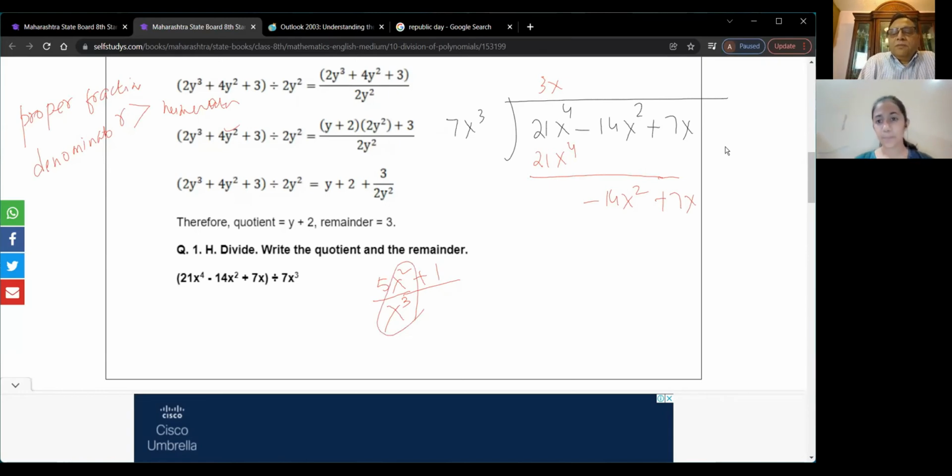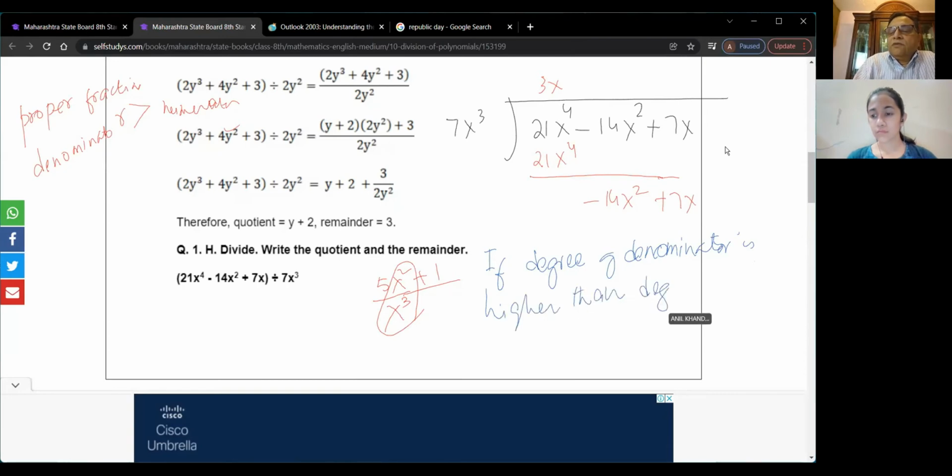So note one thing: if the degree of denominator is higher than the degree of numerator, then we cannot divide further.